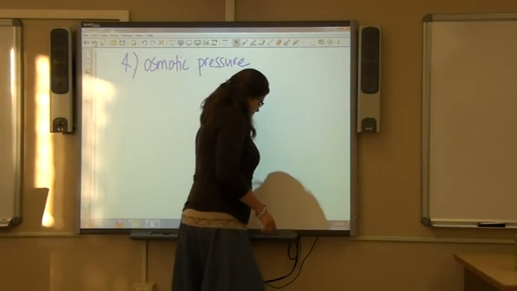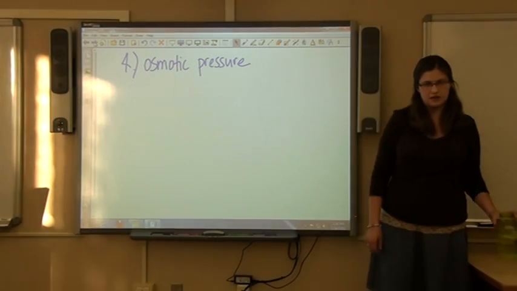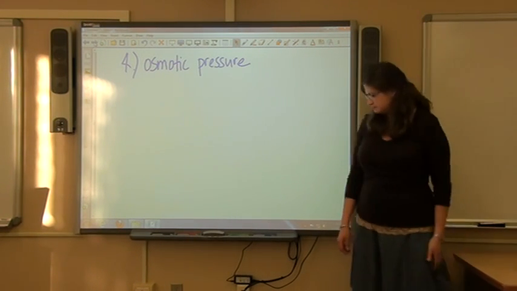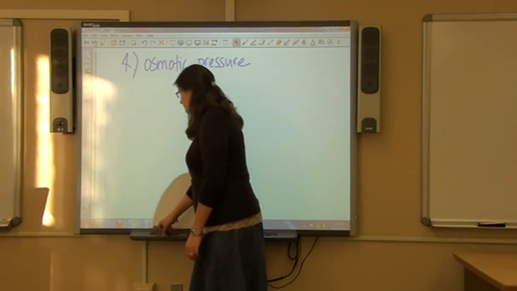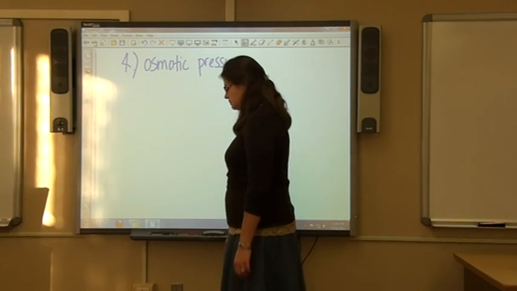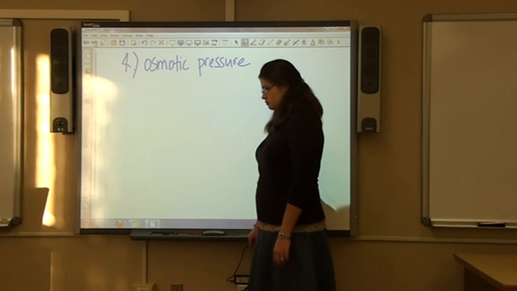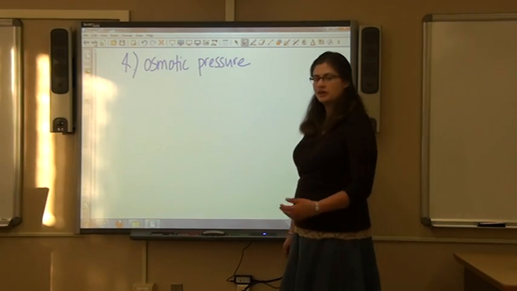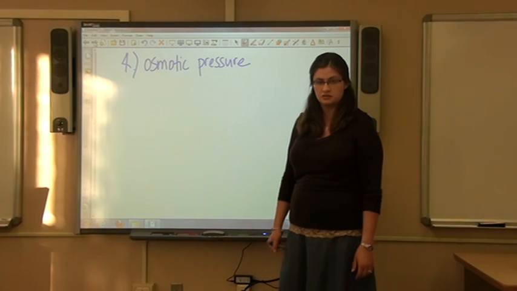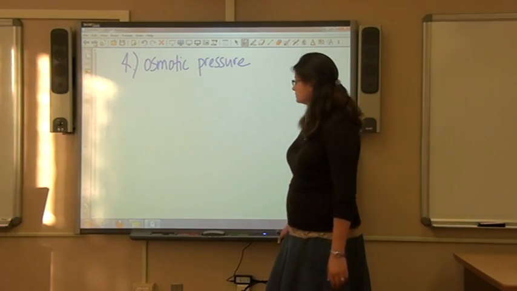And the final colligative property is that of osmotic pressure. Okay, so why is this important? Well, osmotic pressure is something that's rather unique in relation to the other colligative properties because it actually has applications to your clinical profession.